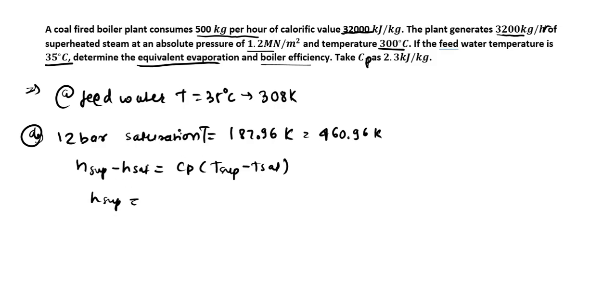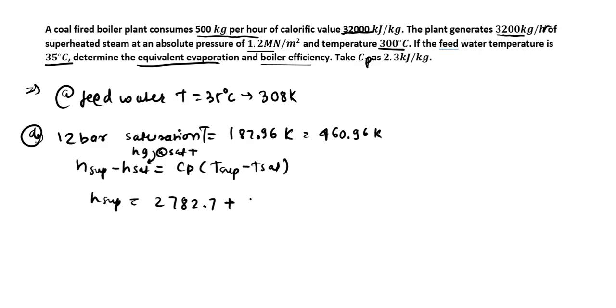You just have to look for the value of hg here. So the value of hg will go here, at the saturation temperature. If you look at your steam table, you will get it as 2782.7 kilojoule per kg.